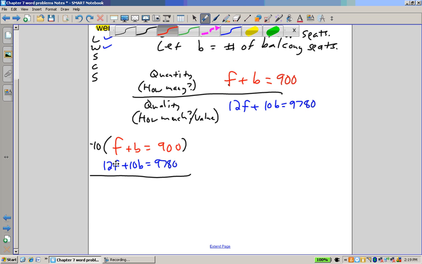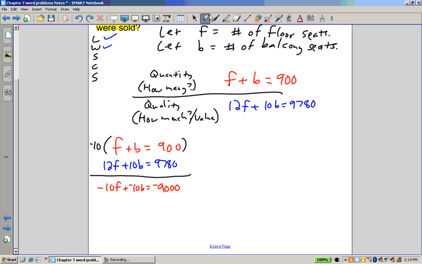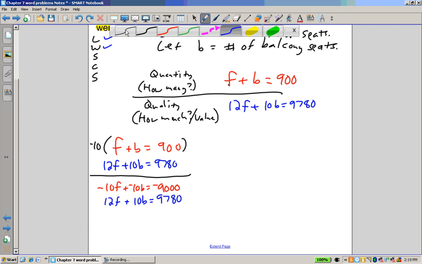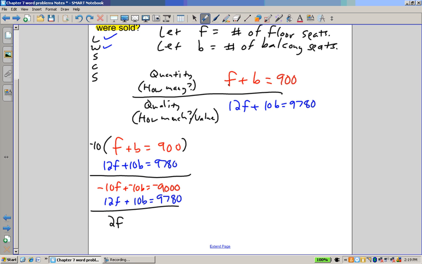So negative 10 times f, negative 10f, negative 10 times b, negative 10b, and then negative 10 times 900 is going to be negative 9,000. Of course, we don't do anything to this one because we're trying to match it. So 12f plus negative 10f is going to be 2f.